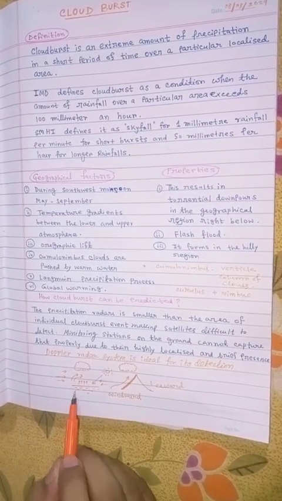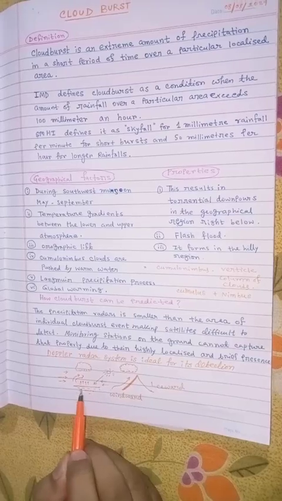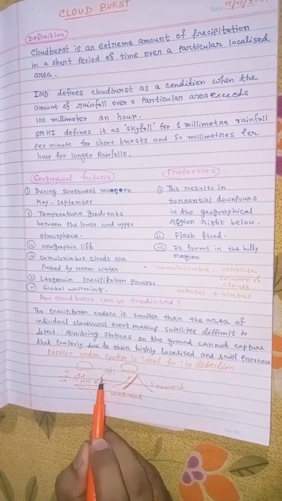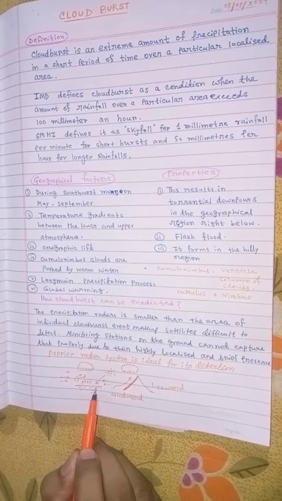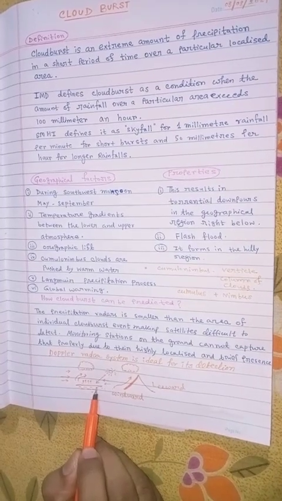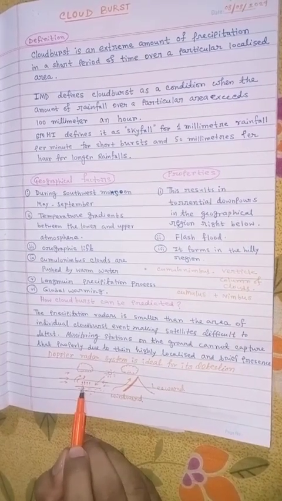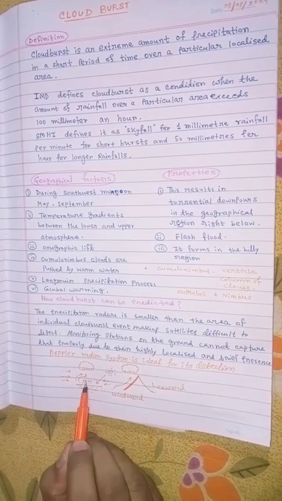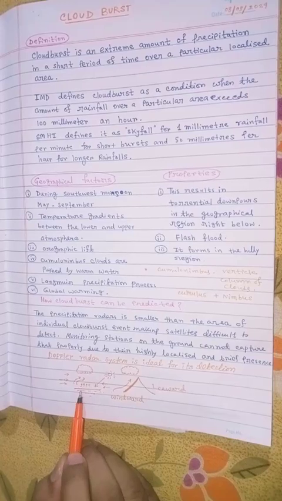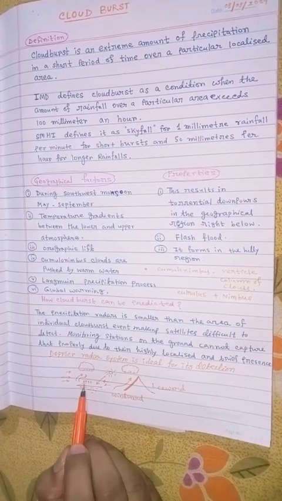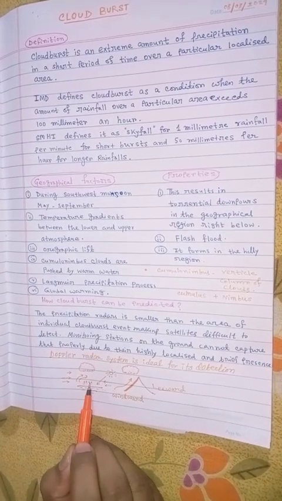Let's see. Look, this is an oceanic surface. Sun rays come and the oceanic surface is heated up. Then water vapors are formed and go upward. But it does not go upward in a vertical direction.